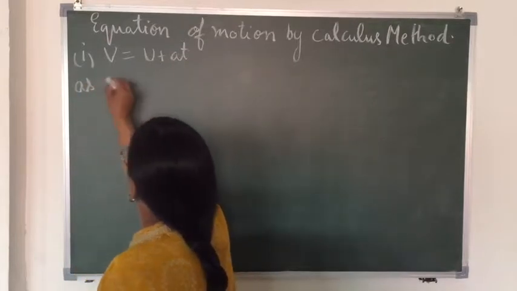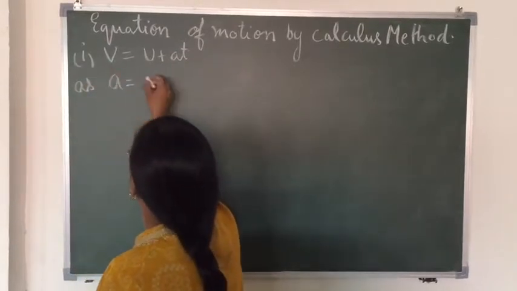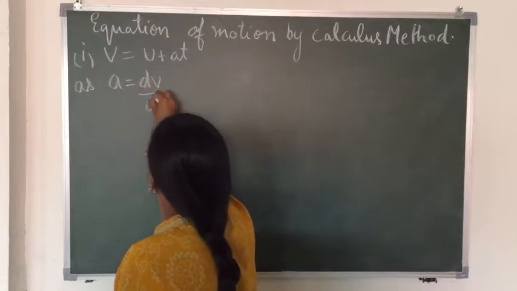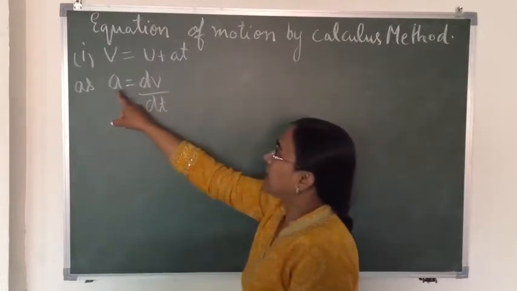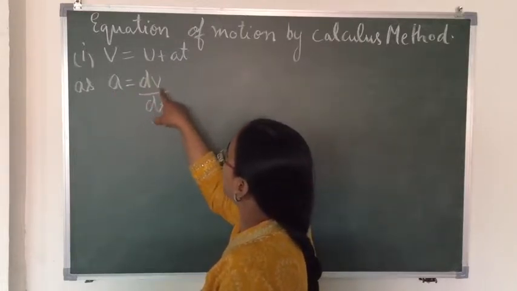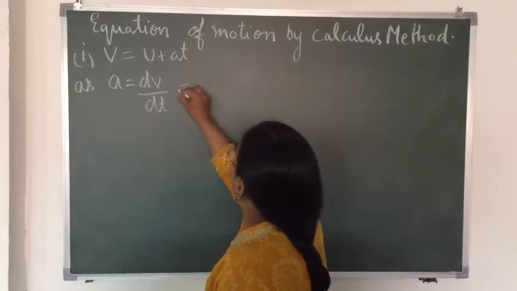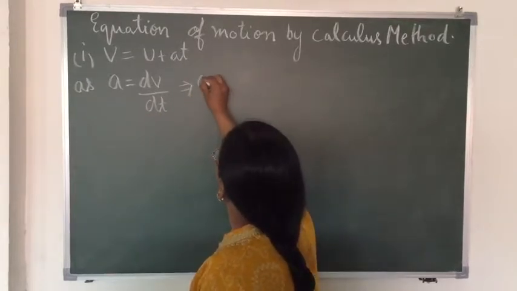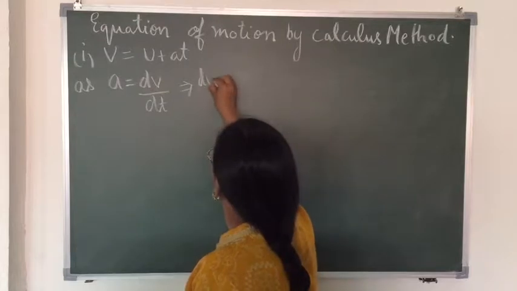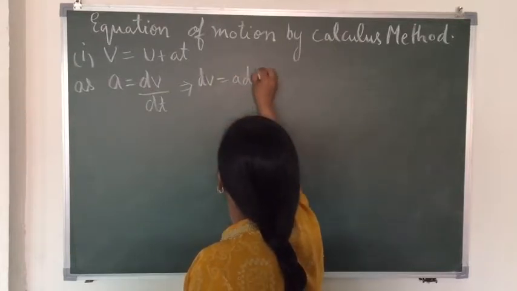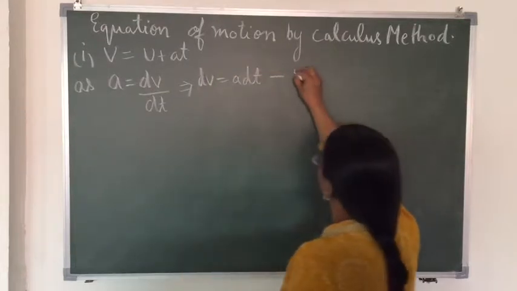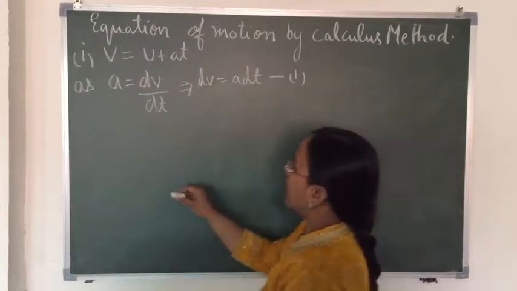Now write, as we know that acceleration is equal to dv by dt. We have written acceleration in the form of derivative of v upon dt. It can also be written as dv = a dt. Give it as equation number 1.